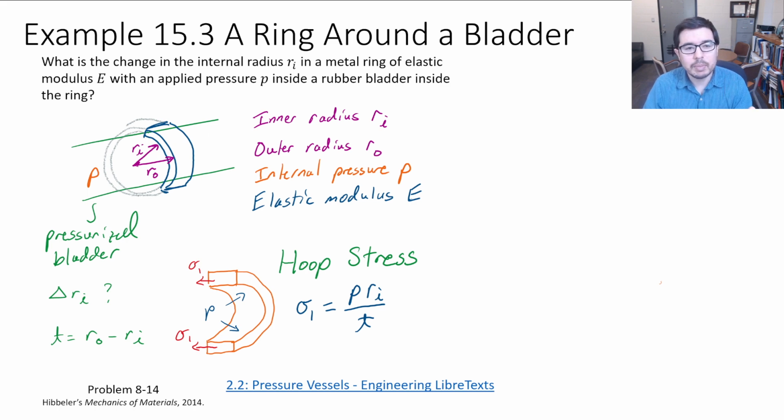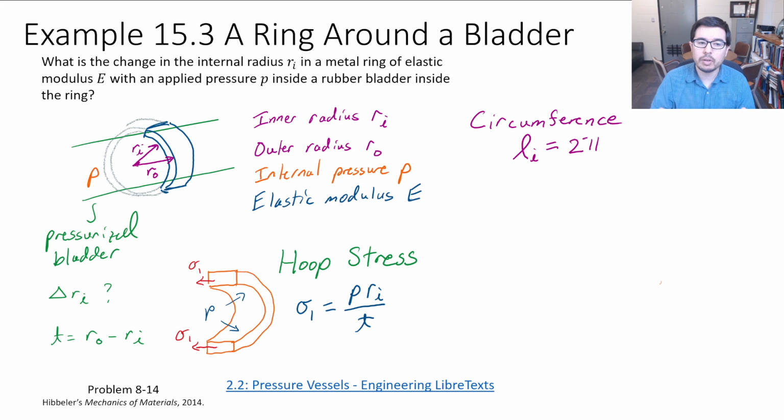It often doesn't make that much of a difference, even if there's some strain, it's small, or even if there's a difference between the inner and the outer radius. It doesn't make a whole lot of difference, especially since we're saying that thickness is like 1/10 or less of the radius. But anyway, we're going to use the internal radius, and that makes it a little easier to do some of the accounting that we're going to do in the next few steps. So sometimes, like Jeff Hansen and others, they'll say, I'm going to use this circumference variable c.